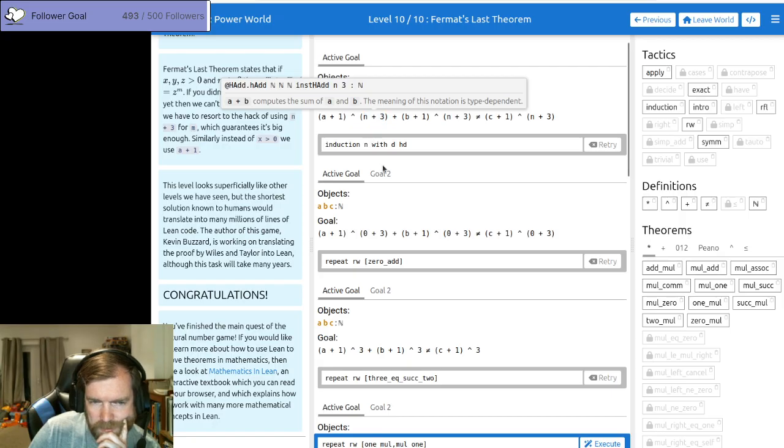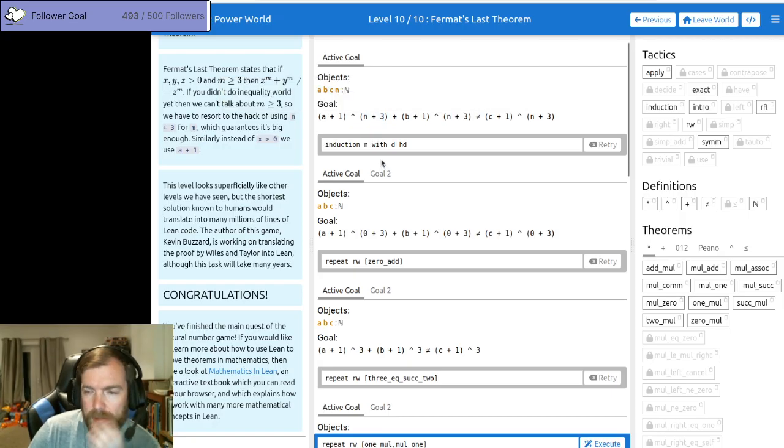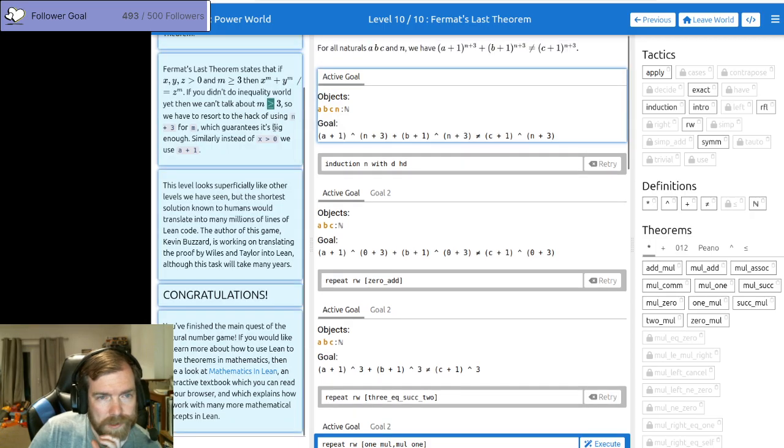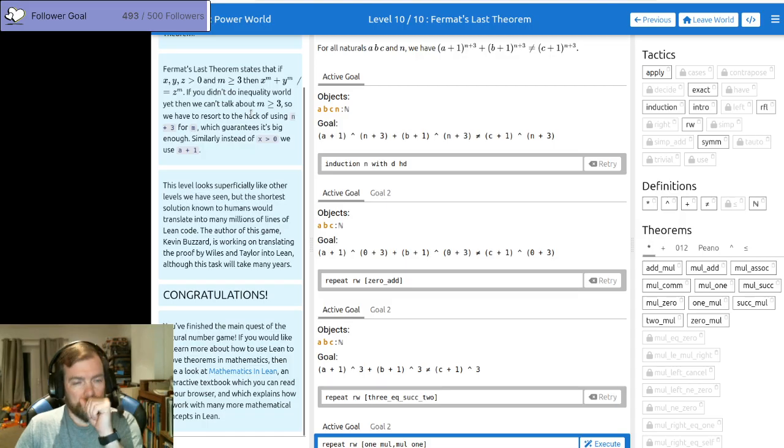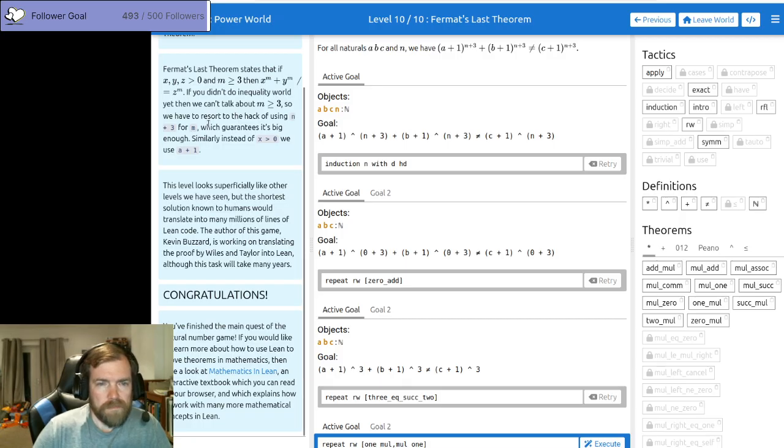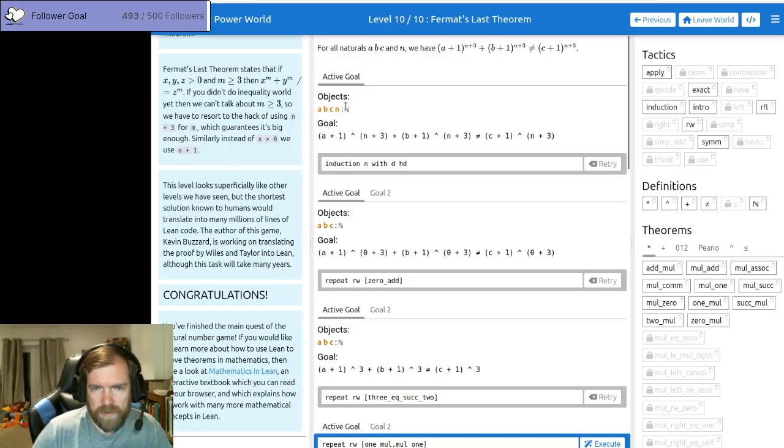We know that the powers have to be greater than or equal to 3, as is the requirement for Fermat's last theorem. Excuse me. And again, we use x is greater than 0, but we say, okay, well, we just use a plus 1 being some integer, natural number.